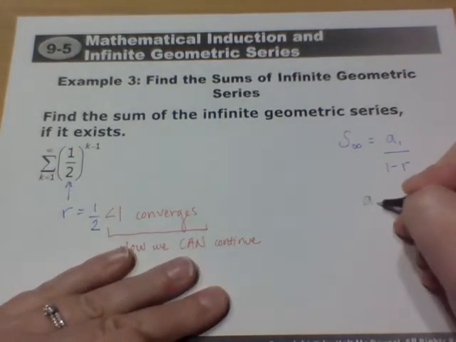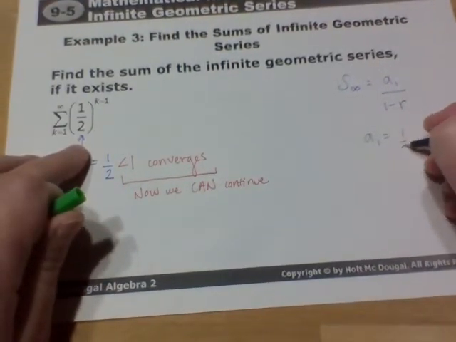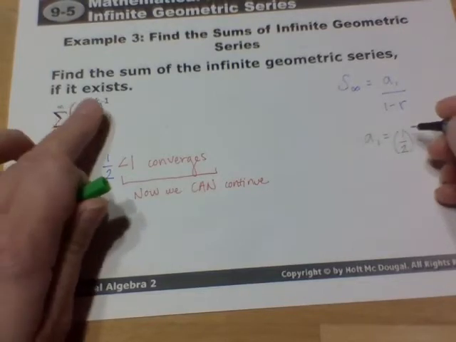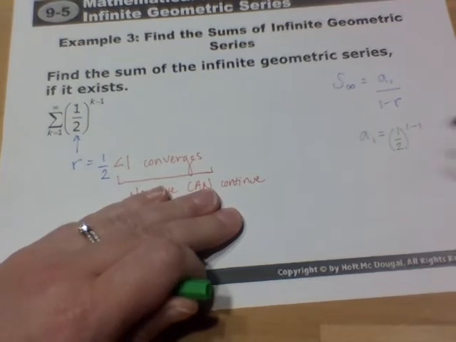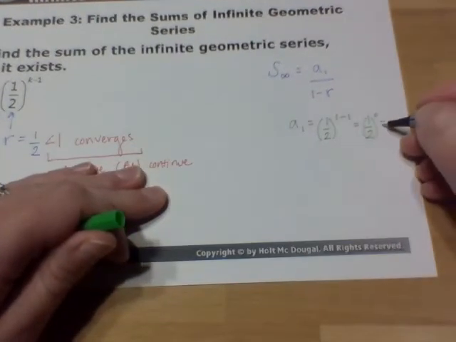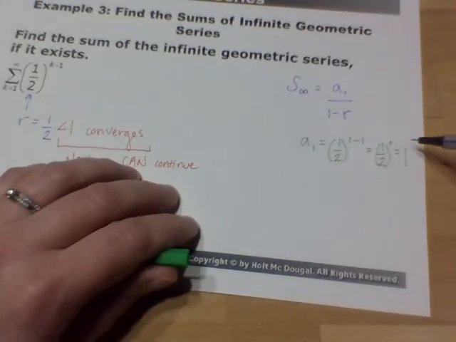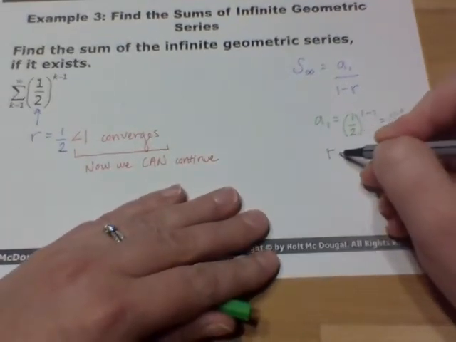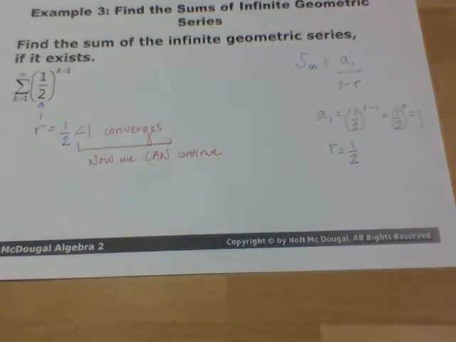All right, so here we are with our first term, and our first term comes from taking 1/2 and raising it to the number 1, because that's going to be our first term, minus 1. And so that means that we're going to take 1/2 and raise it to the 0. And so, of course, anything raised to the 0 is 1. So we've just found out that our first term is 1, and that our R, we already knew, was 1/2 from the previous work.